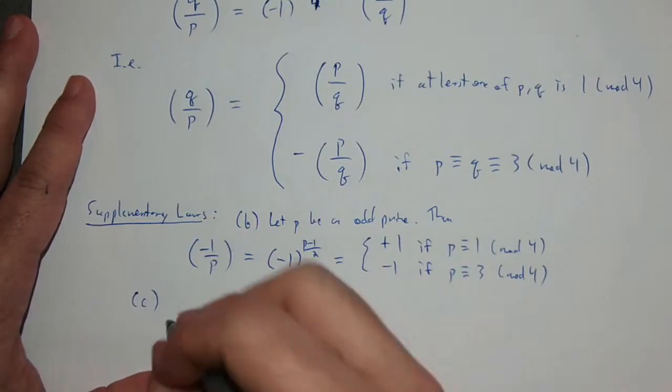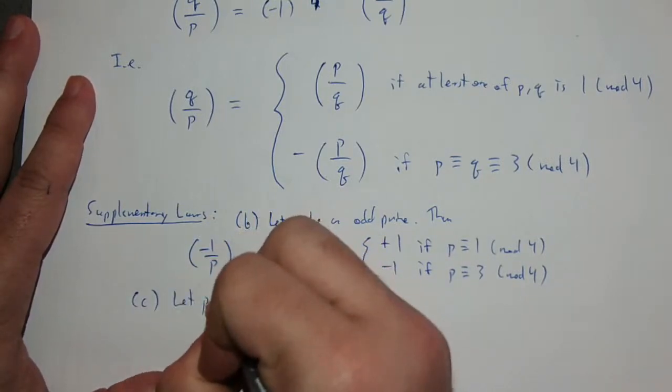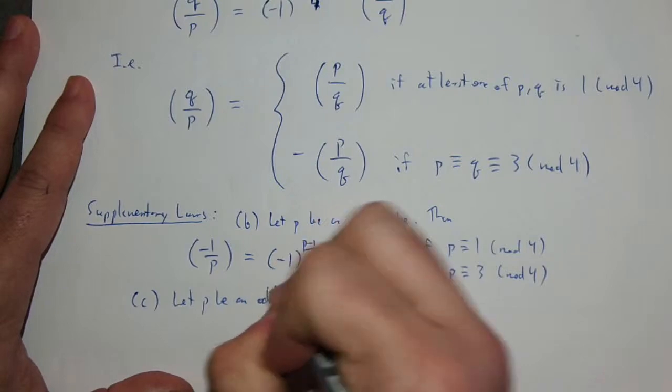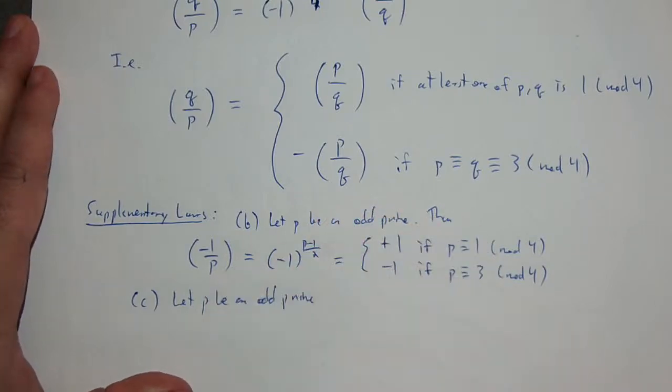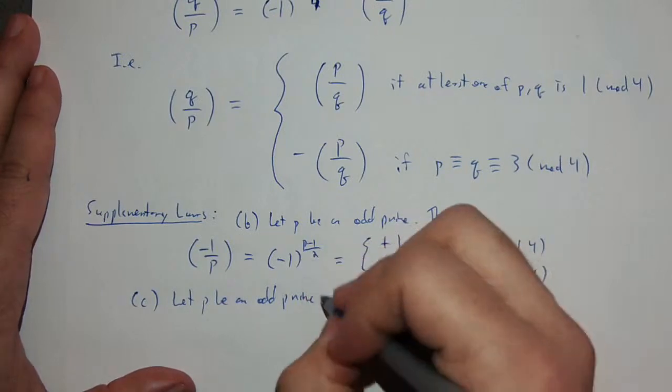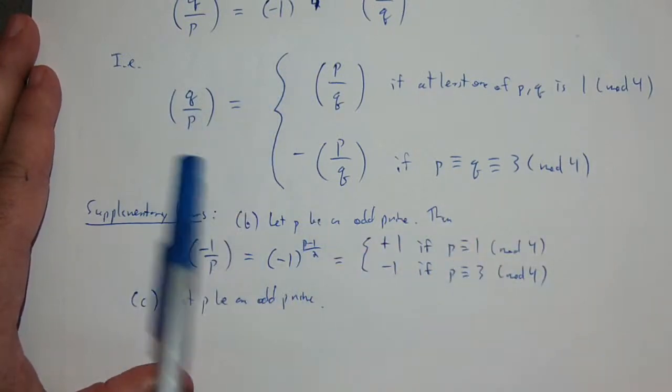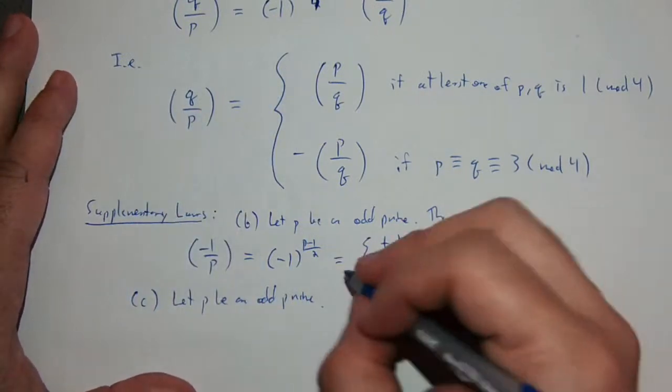Okay, and then C, let P be an odd prime. The reason I'm stating these separately is that these supplementary laws you are often going to use to compute Legendre symbols, even if you don't explicitly use quadratic reciprocity.